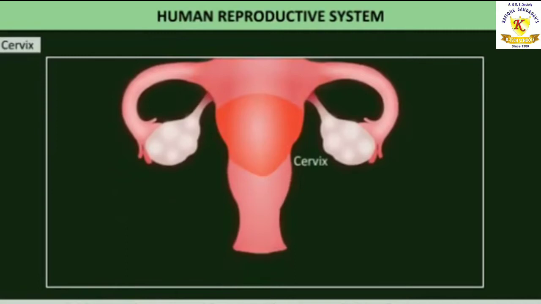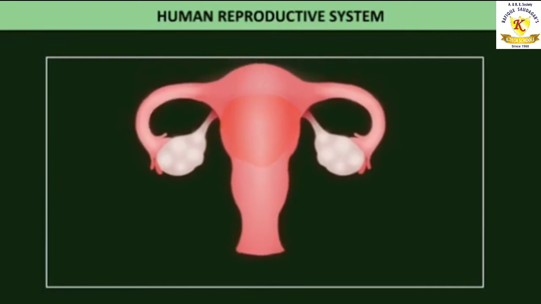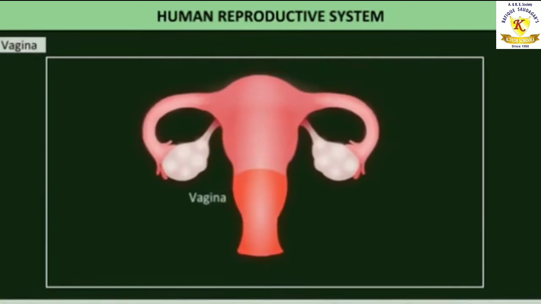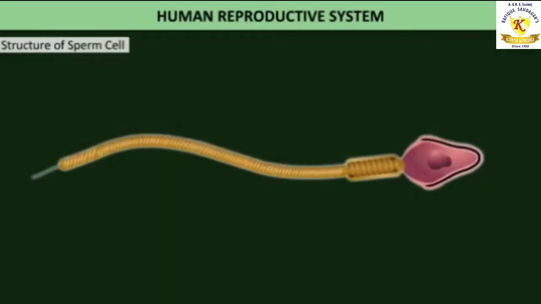It serves as a link between the vagina and the uterus. It has strong and thick walls. The next is vagina. It receives the sperm during sexual intercourse. The muscles of the vagina wall can expand and contract, enabling the delivery of a baby during labor. This is the female reproductive system.